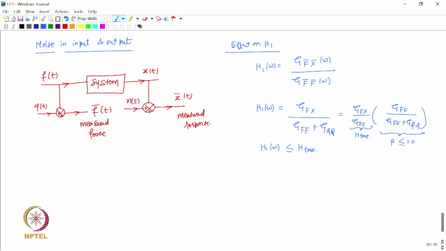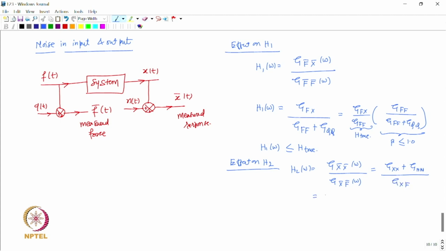Similarly, let us now determine the effect on H2. So, H2 omega is equal to G x bar x bar omega divided by G x bar f bar omega, isn't it? And now G x bar x bar omega would be equal to G x x plus the auto spectrum of the noise in the response, that is G n n, and G x bar f bar would again be G x f.